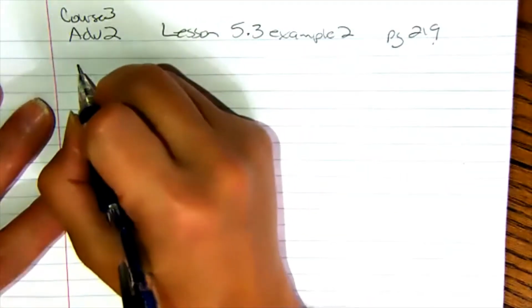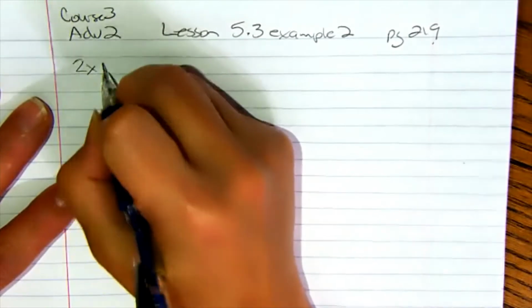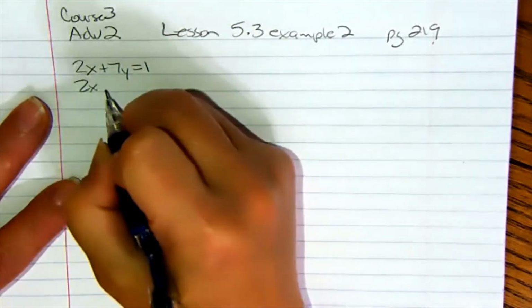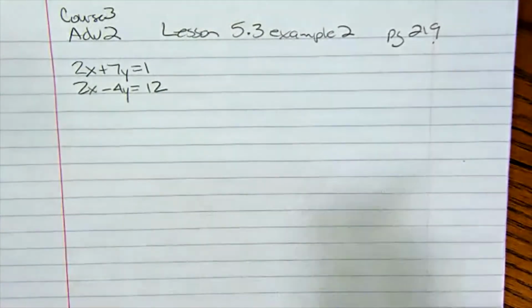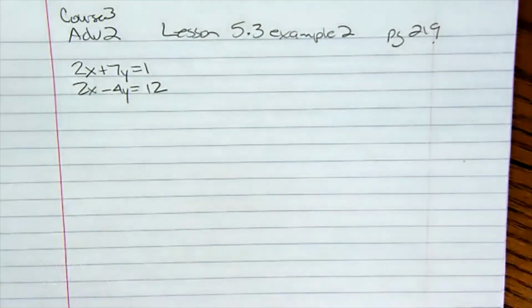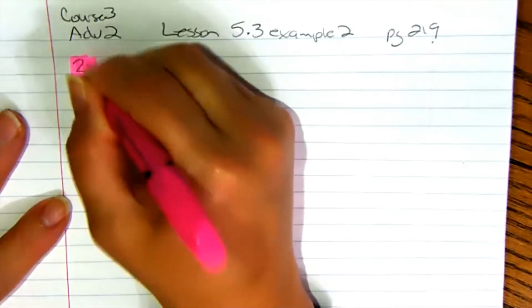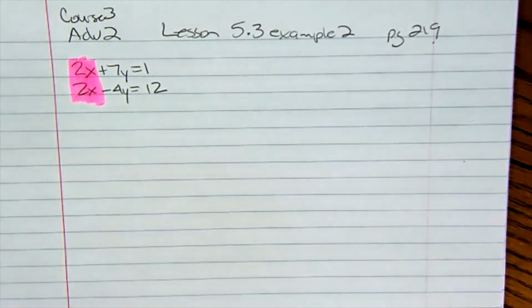So yesterday, we had a system of equations that looked like this: 2x plus 7y equals 1, and 2x minus 4y equals 12. And we thought to ourselves, this is great. If only one of these 2x's was a negative 2x, then we could eliminate it, right?